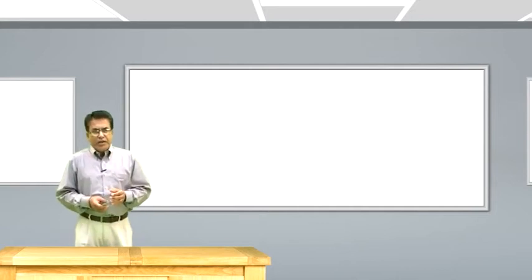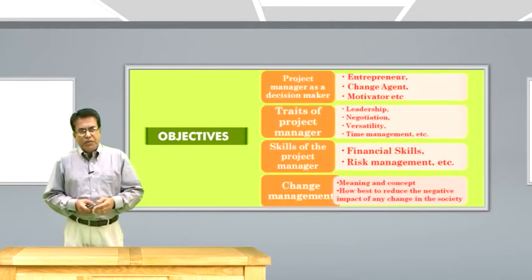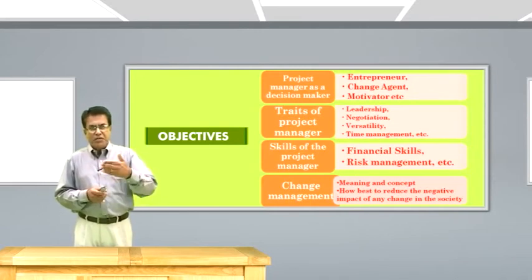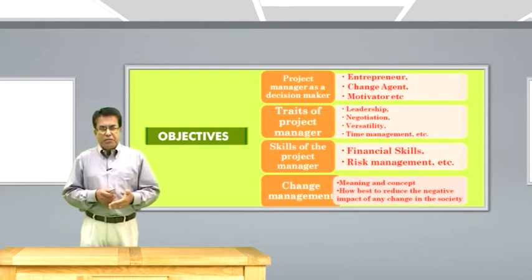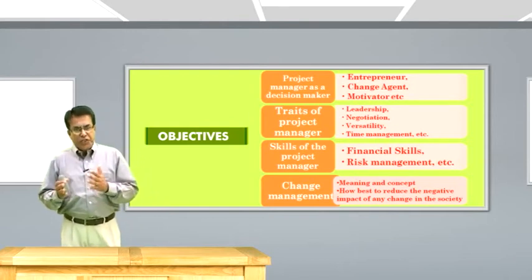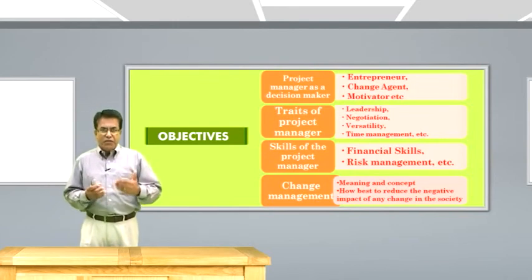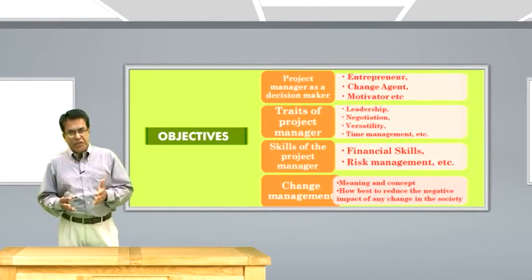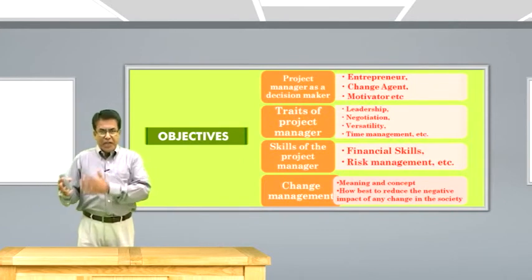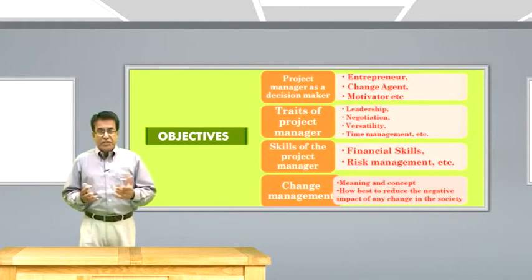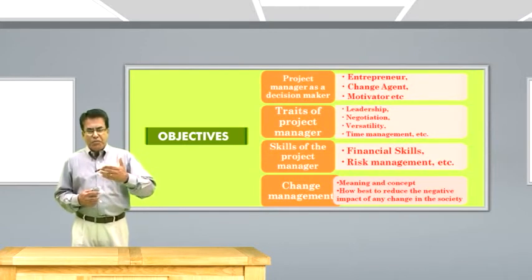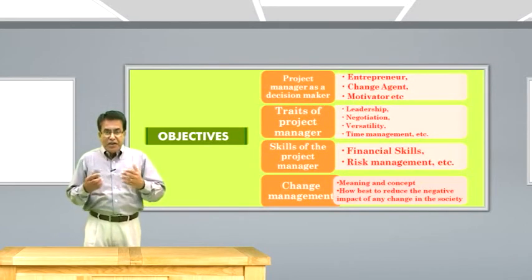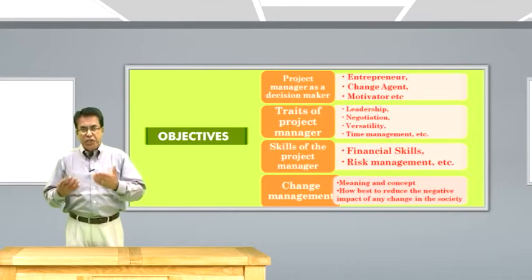In today's presentation we will first discuss the role of the manager, the different roles of the manager, starting from decision maker and entrepreneur, change agent, motivator, etc. And then we will also discuss the qualities or traits of a good manager, like leadership skill, negotiation skill, and time management skill, etc. And then the skills a manager should possess, most importantly financial management skill and risk management skill, and how a manager can function as a change agent.